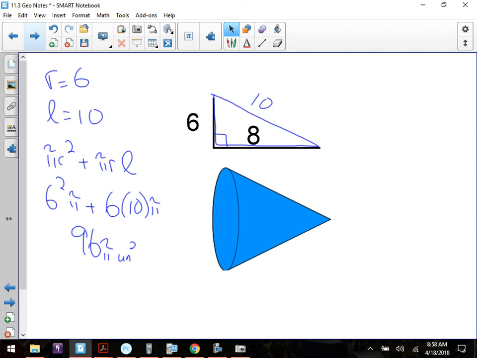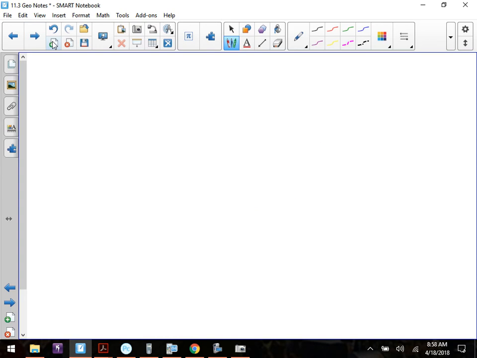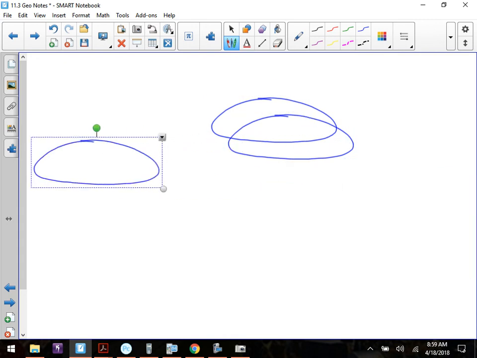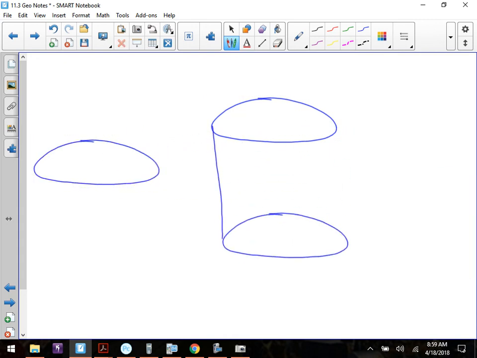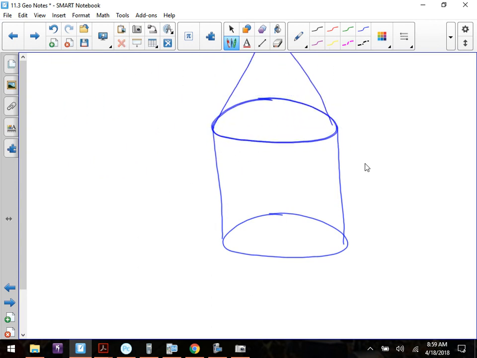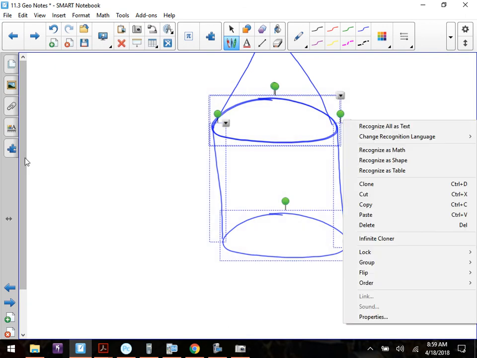Nice job. Anyway, so if I was going to take a cylinder, pardon my super awesome drawing. If I take a cylinder and I put a cone on top of it, let's see if I can group this real quick.